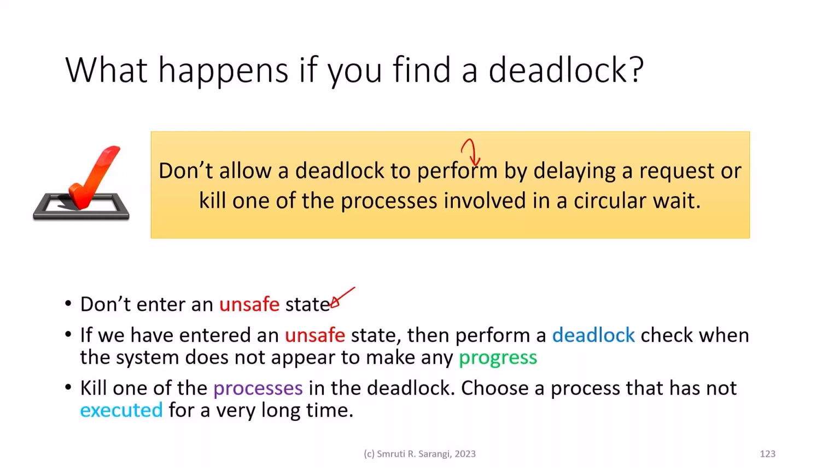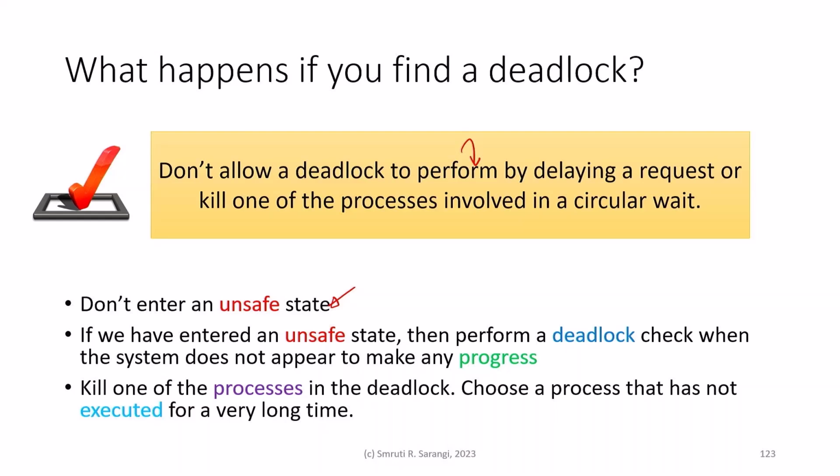Another thing could be you deliberately enter an unsafe state and keep performing these deadlock detections. It all depends, but if you want to run an avoidance algorithm, you don't enter an unsafe state, which means there has to be a way to actually deny requests, right? If a request is potentially deadlock forming, you have to somehow deny it. You have to somehow say no.